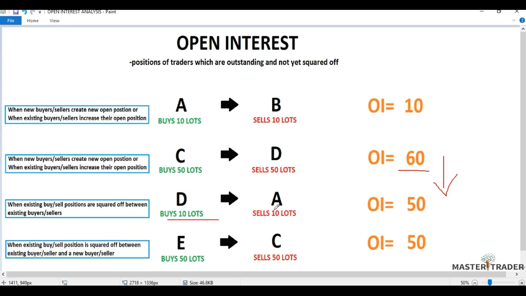Now let's look at another example. A new entrant has come in, E, and E is buying 50 lots.